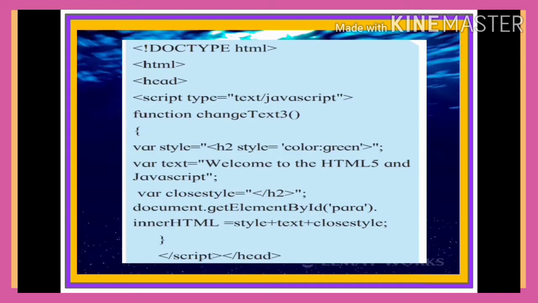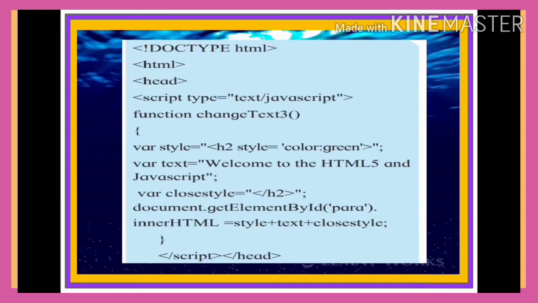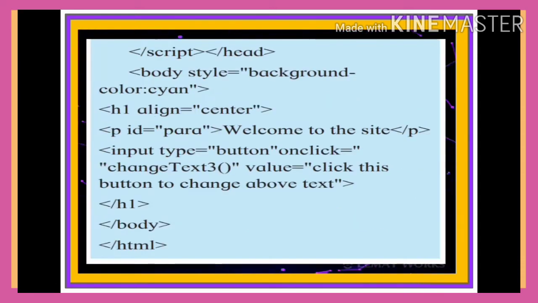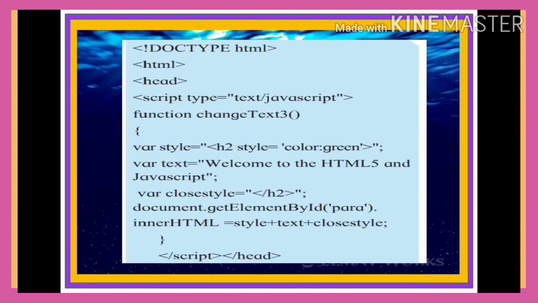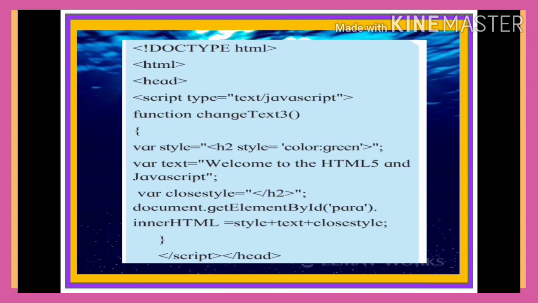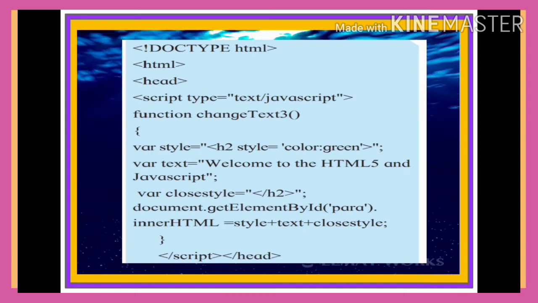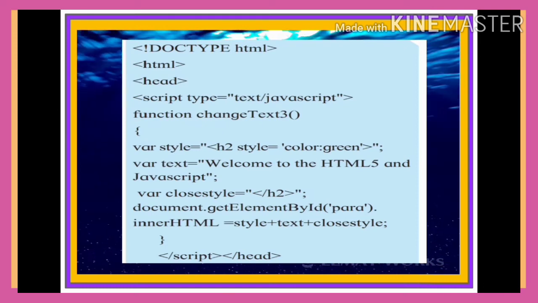Let's see another example of innerHTML property given in our textbook. Here in body section p tag id is para and the content is welcome to the site. In head section, when you are using script tag, mention the changeText3 function.